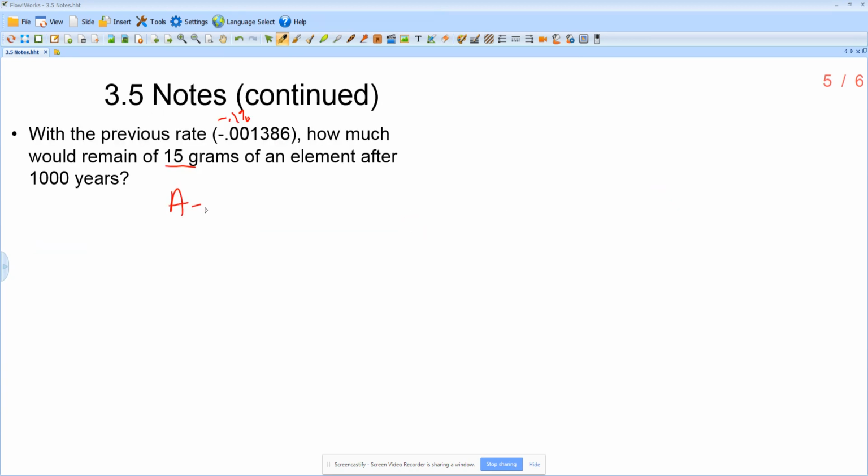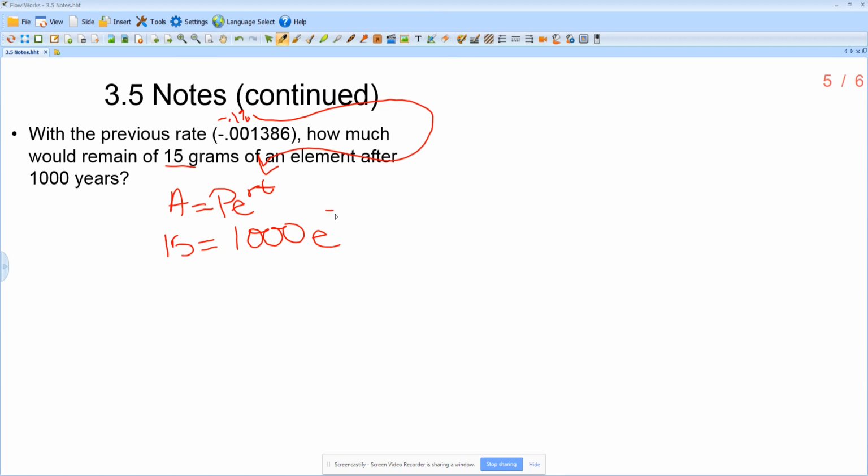Now I'm just going to use my regular A equals Pe to the RT, but I now have that half-life rate. I want 15 grams to remain. I want to initially put in 1,000 grams.